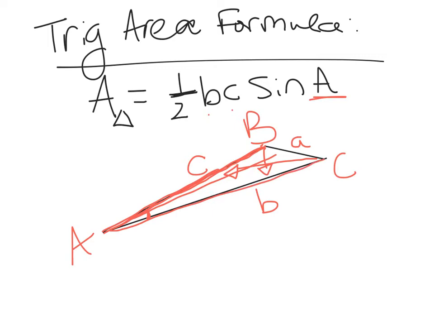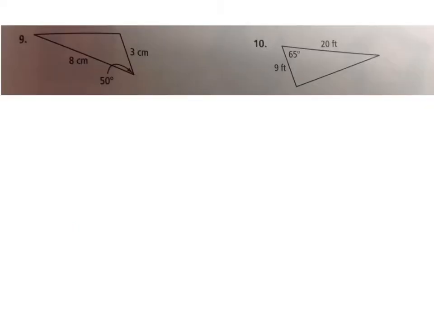So let's look at an example of that. If we wanted to find the area of these two triangles, we have our first triangle. We have an angle, which is 50 degrees, and the two sides that make that angle. So that is critical. It has to be two sides and the angle between them.